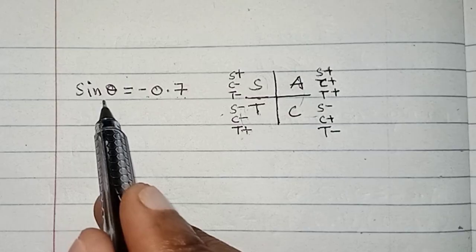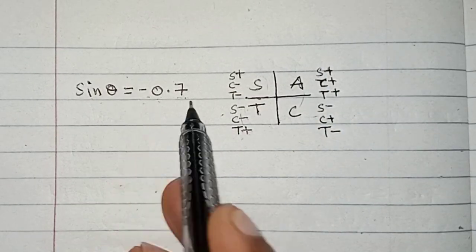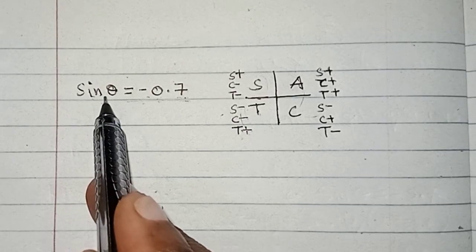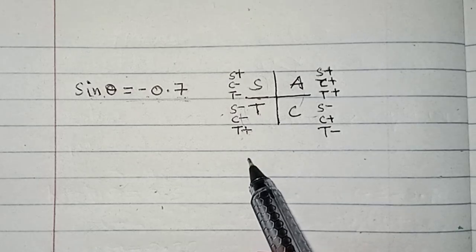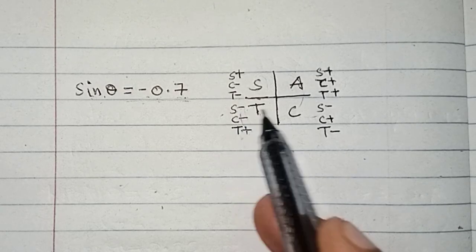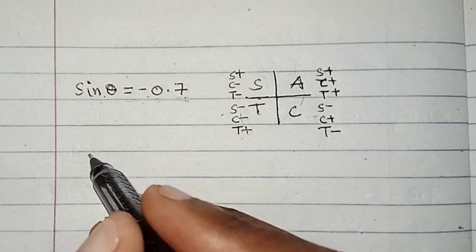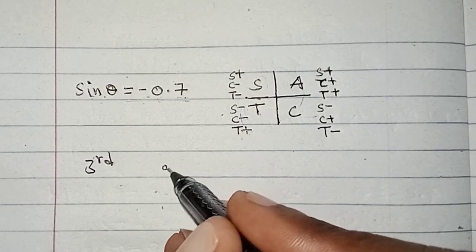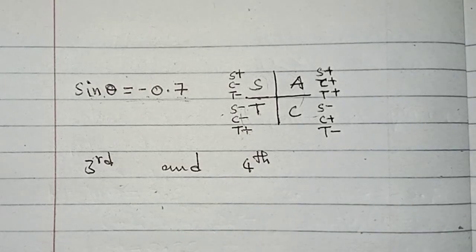Now we have sine theta is equal to negative 0.7. So we have to find the quadrants where sine theta is a negative number. If we check here, sine theta will be negative in the third quadrant and fourth quadrant. So for this trigonometric equation, the solution lies in the third and fourth quadrant.